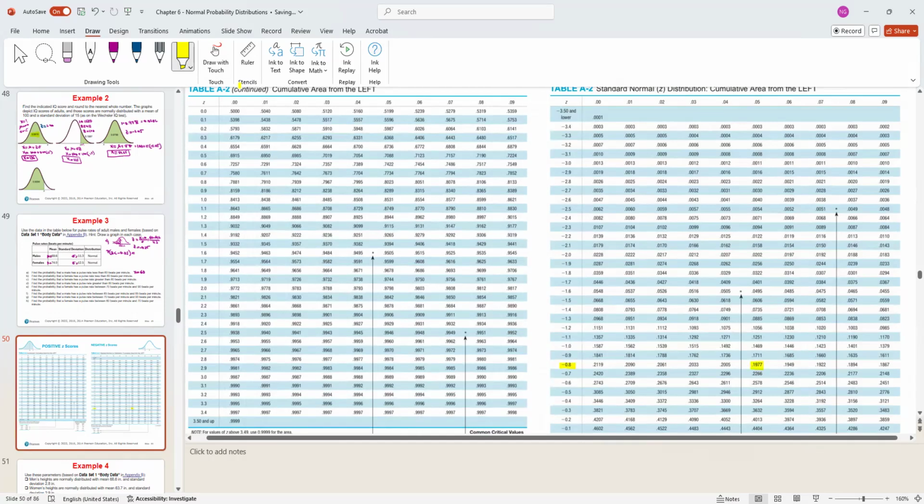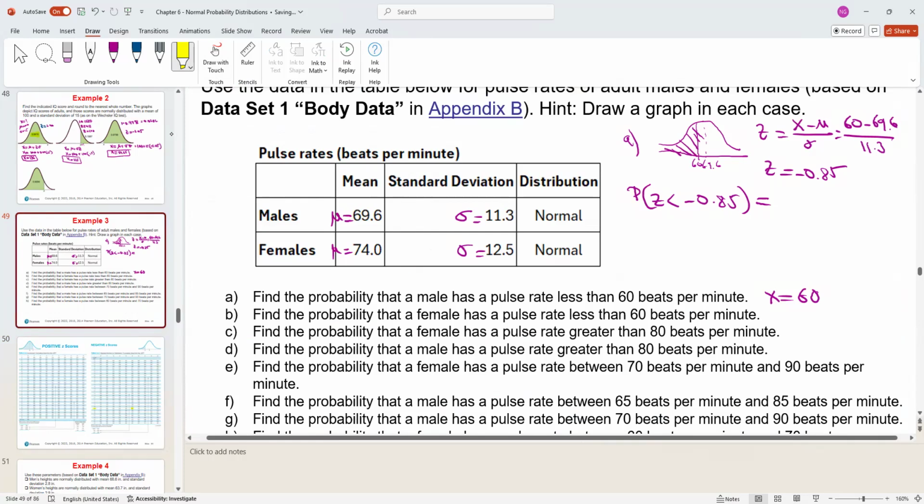So that should give us 0.1977 to the left because we are on the left. So it gives us 0.1977. So this is part A.